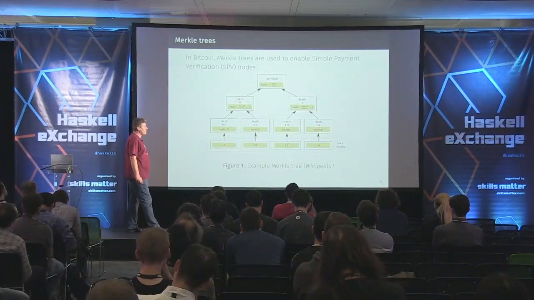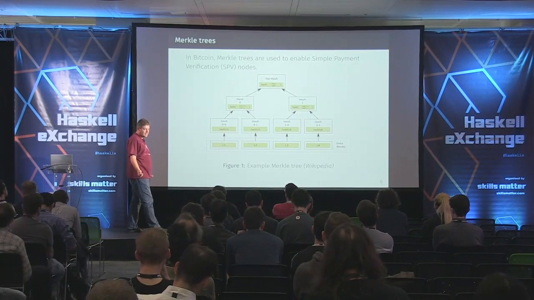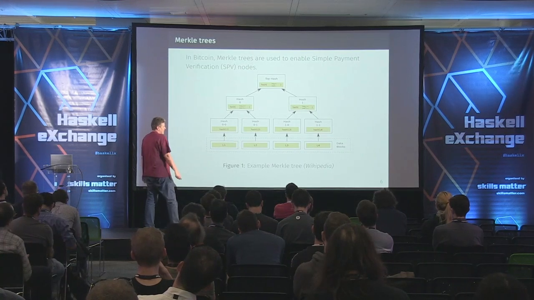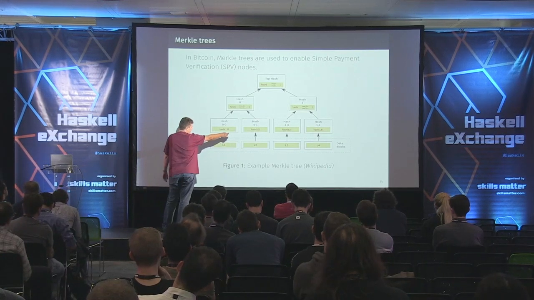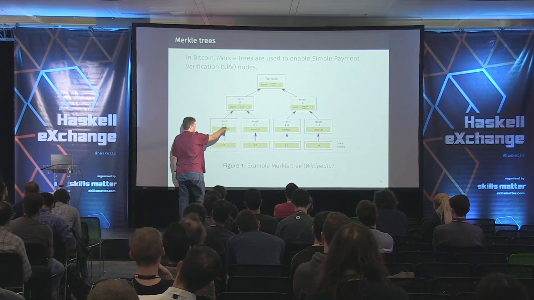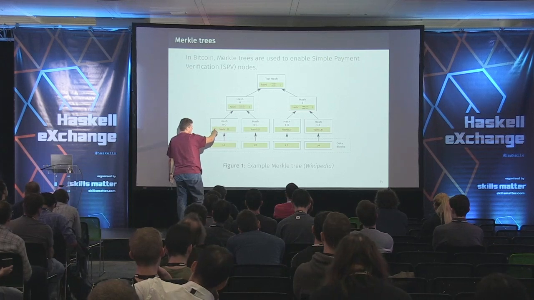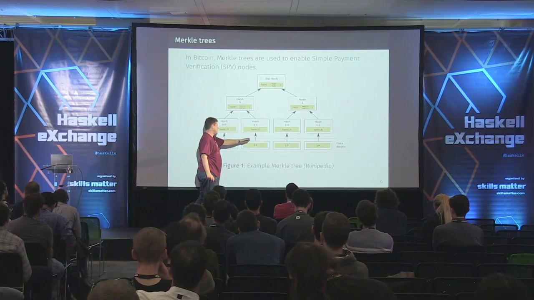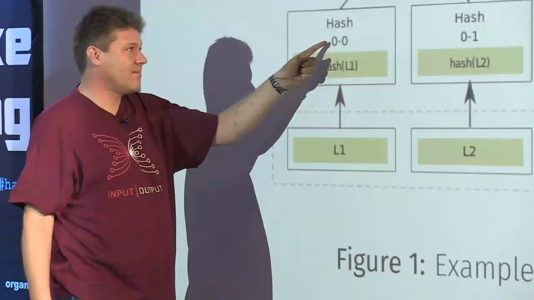And if now, for example, the verifier wants to know whether L2 is included, then the prover will not just respond with yes, it is, but it will give a proof. And what does the proof look like? It will say, yes, L2 is included, and it's a right child, and the left hash is this.